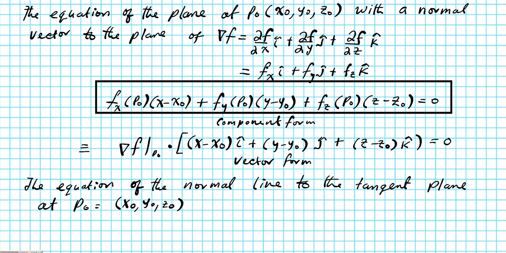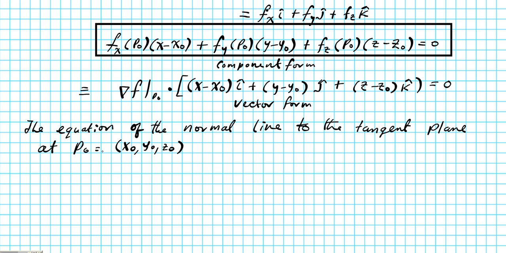Since we know that the gradient is actually the vector that's contained within this normal line, the gradient is basically what we're going to use to generate the equation of the normal line. So the equation of the normal line is simply going to be x equals x sub 0 plus the partial of f in the x direction at p sub 0 times t. This is going to be a parametric equation.